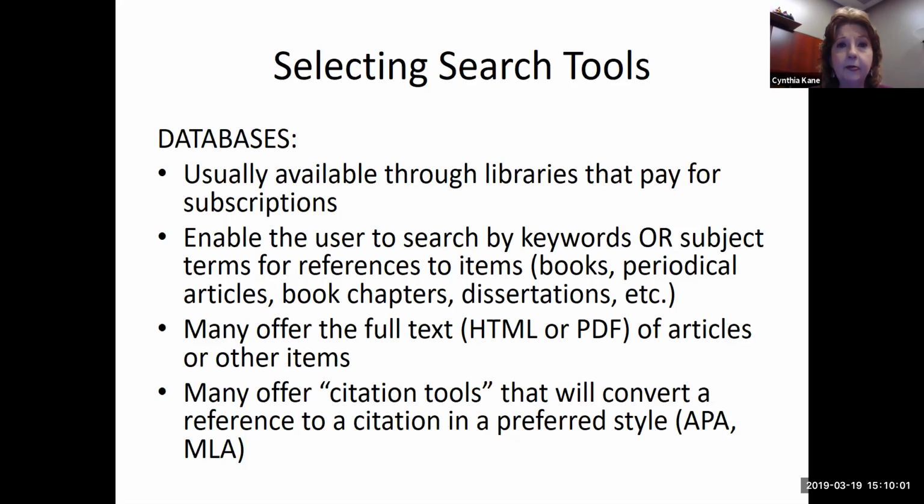Now, why would that be crucial? Information can be a commodity. Information can be free, and valued information can be free. But just as important, information that a library pays for, such as articles that are available through a database, might be considered to be a little bit more reliable. Now, that doesn't just mean because we're actually paying for it.